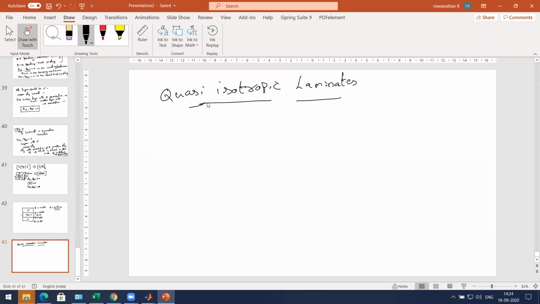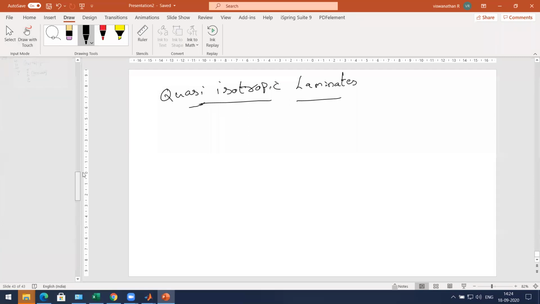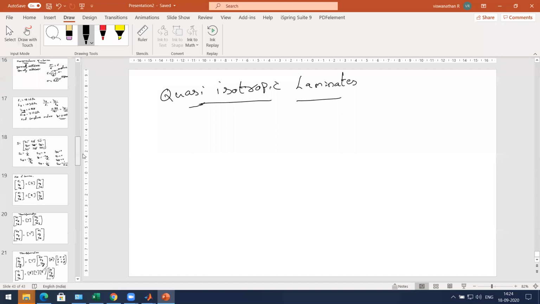And this type of laminate will help in meeting some of the requirements, not exactly isotropic, but almost like an isotropic material.